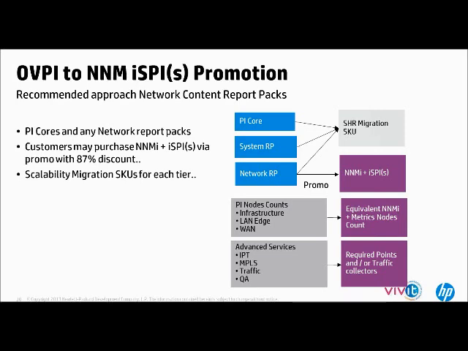For our OVPI customers, we are providing a like-to-like migration of the number of nodes that they were managing through Performance Insight for reporting. They would be entitled to a similar number of nodes for SHR. And we will migrate all PI core and report packs to SHR using the migration SKUs.